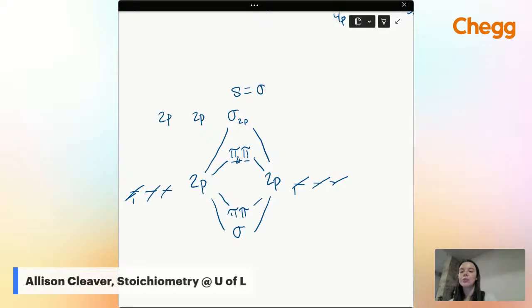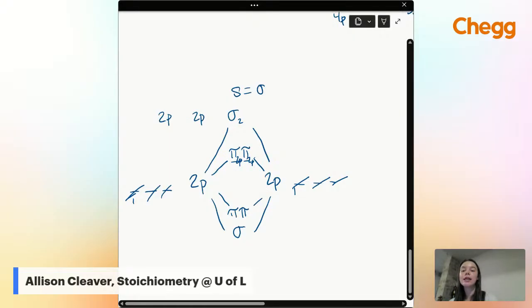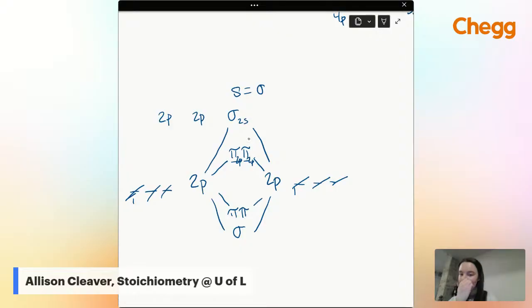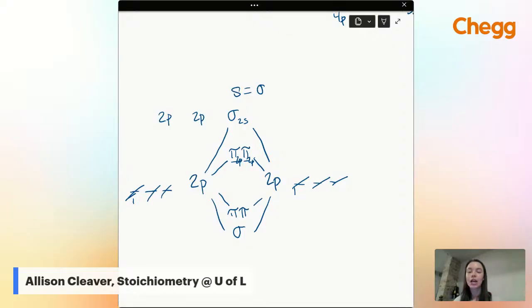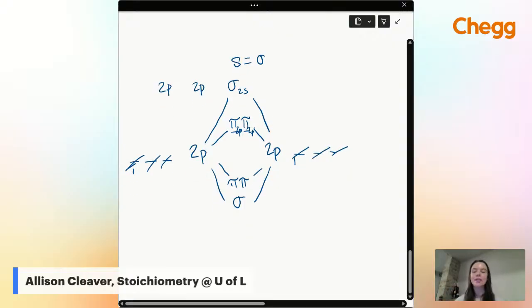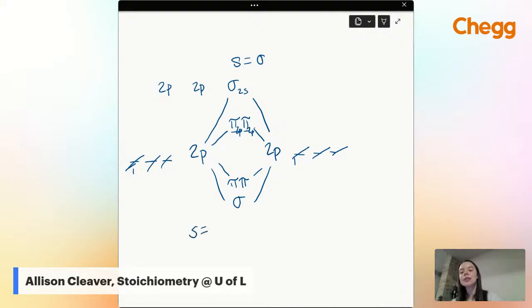And they're also labeled 2p's. So this should be an s. We should have 1 2s orbital and then 2 p's to represent that bond. So there's a 2s sigma bond and 2 pi bonds, which are 2p's. If you just had s's, there would just be sigma bonds. So s equals a sigma bond, and then p's equal a pi bond.